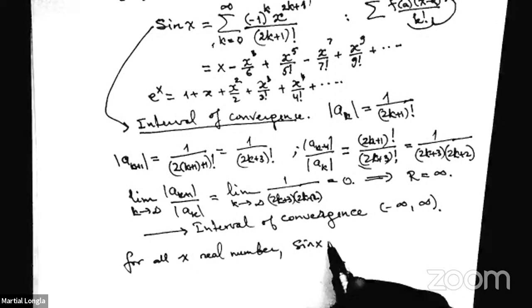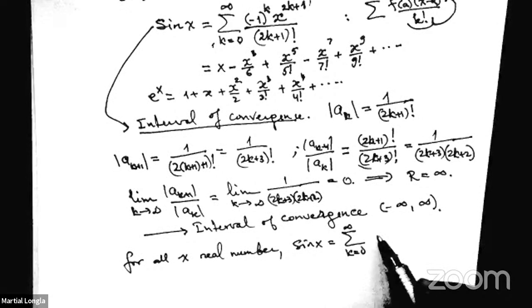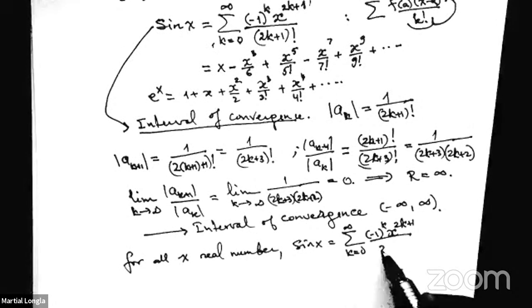sine x is equal to the sum k from 0 to infinity of negative 1 to the power k, x to the 2k plus 1 over (2k+1) factorial.